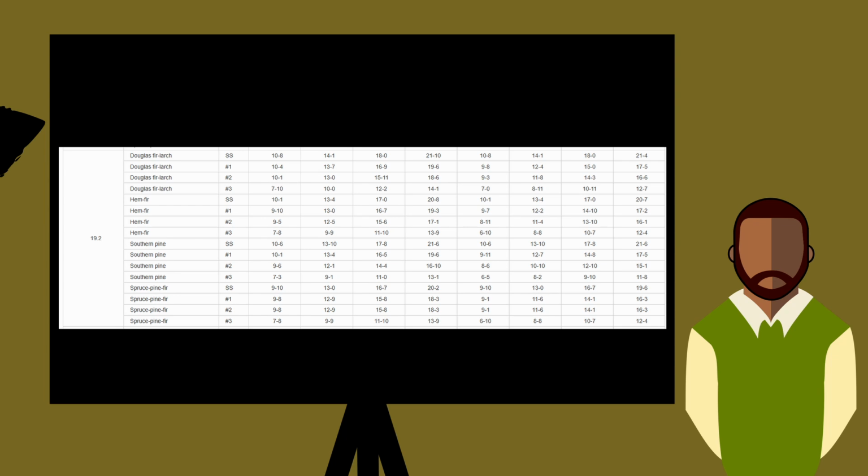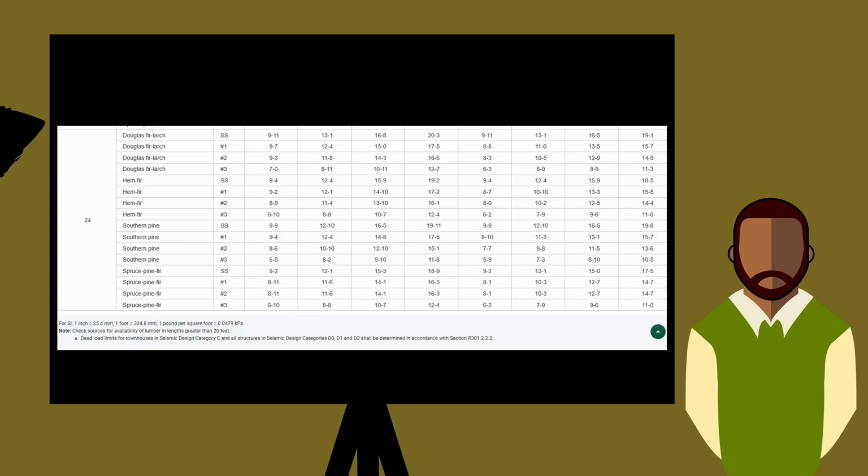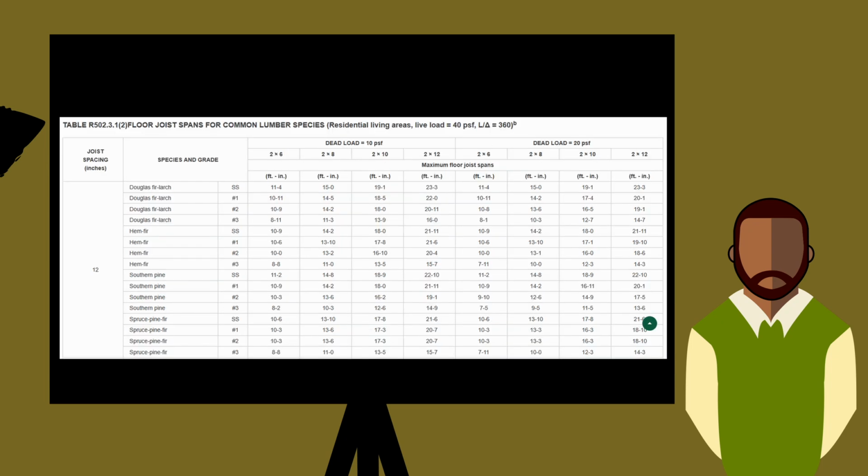And 30 pounds per square foot, it's reasonable to expect that in more locations than what we really are regulated to expect.